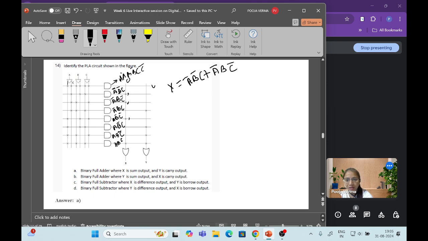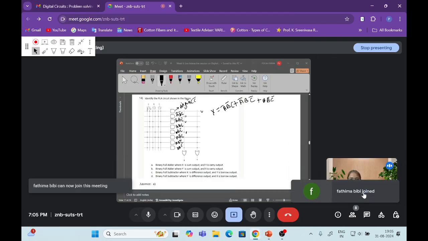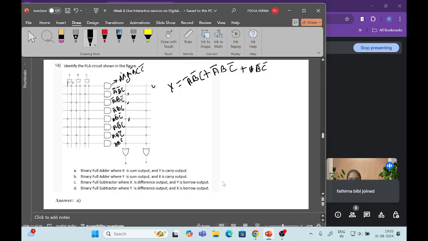And now add this one, A, B dash, C dash. Now check the last one, it is A, B, C. So first we need to find out the value of this one. It is 001, right?